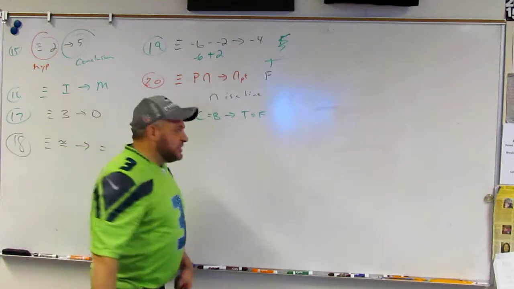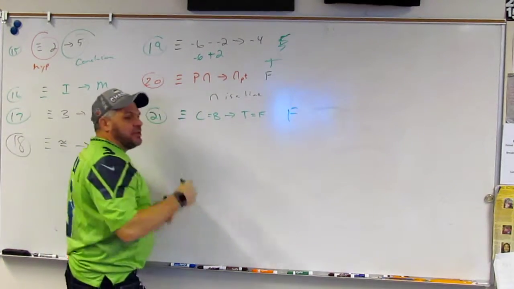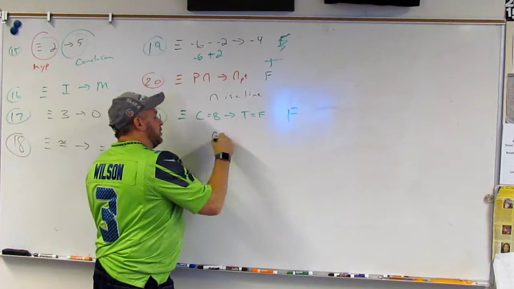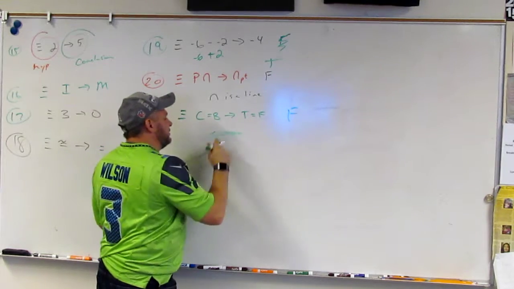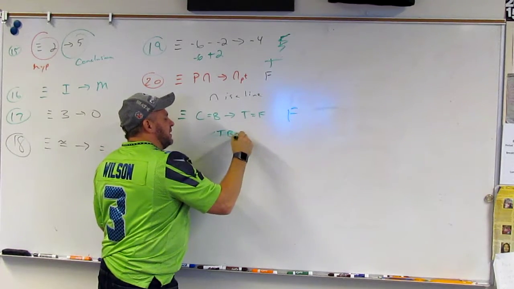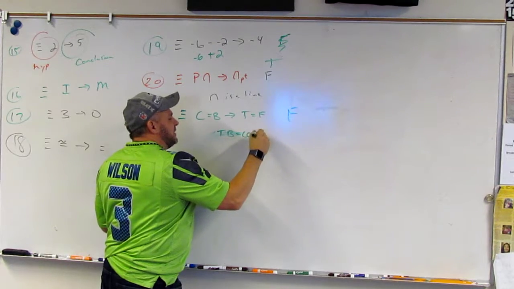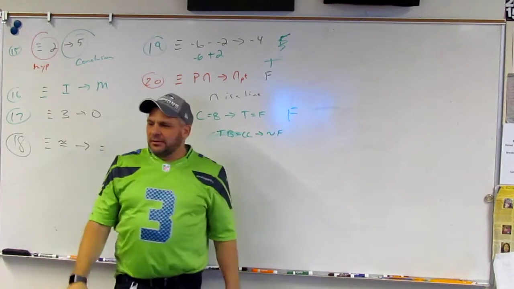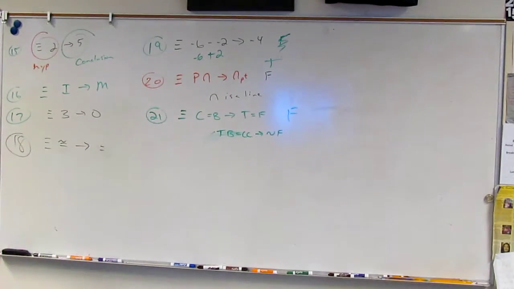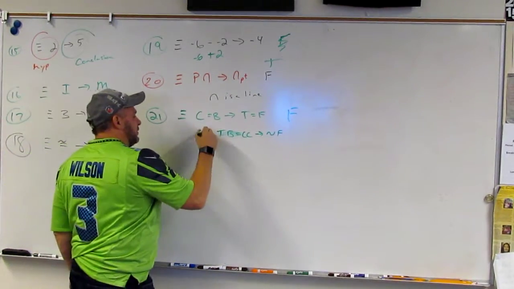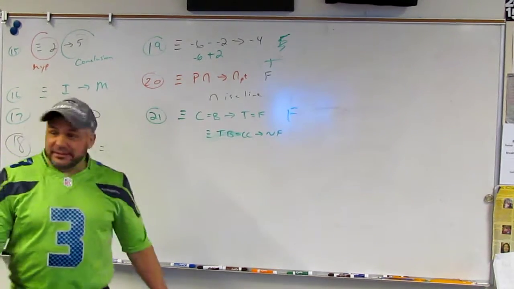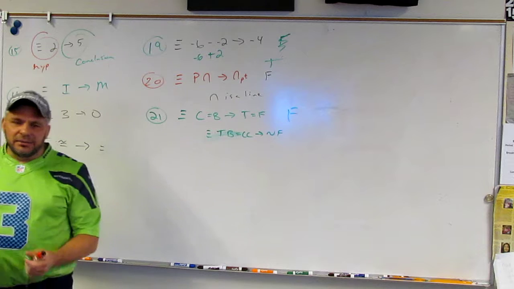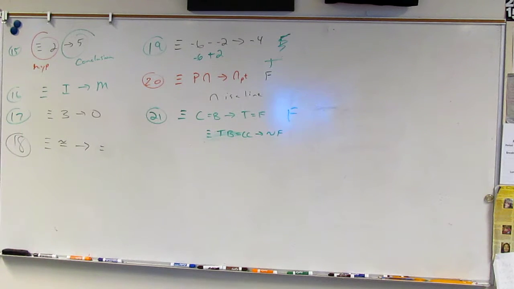So it's still false, and then you give your counterexample: a T-bird equals a cool cat, but it's still not Friday. You have thousands of counterexamples, infinite. You can come up with anything you want. A cat isn't a bird, and it's Friday. Whatever you like.